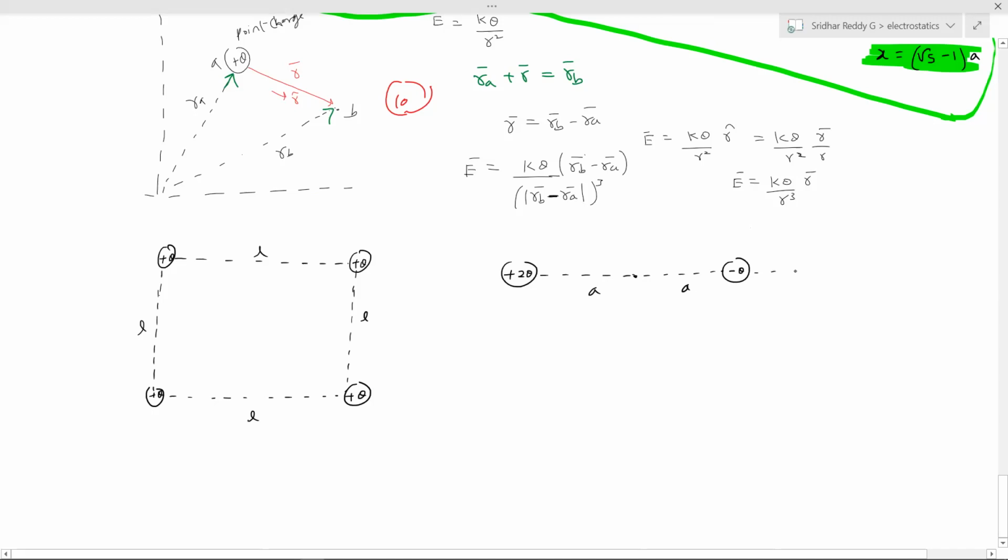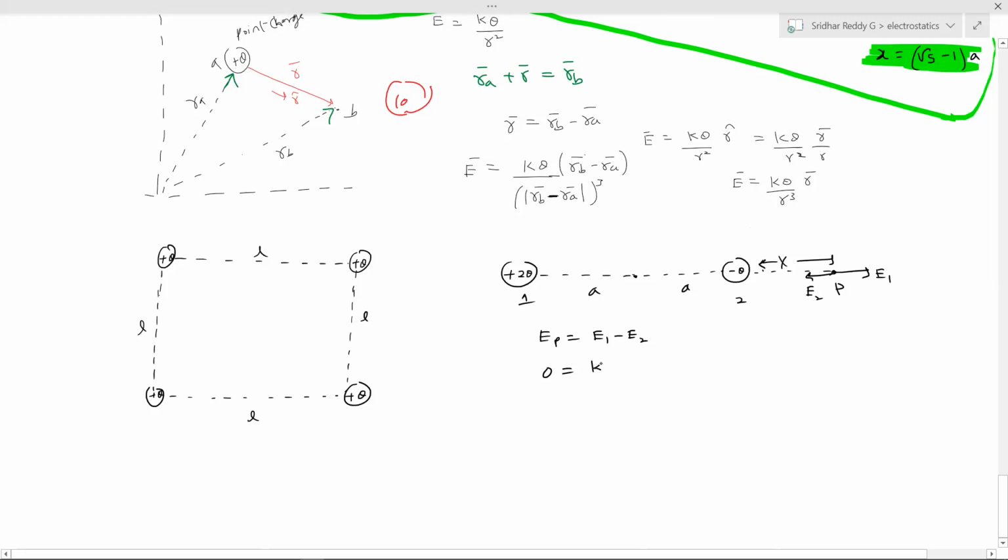Where will the field be 0? I'll call this 1, this is 2. The field here will be E1, and E2 will be like this. Let it be at a distance x. Then the resultant field EP is equal to E1 minus E2. This should be 0.